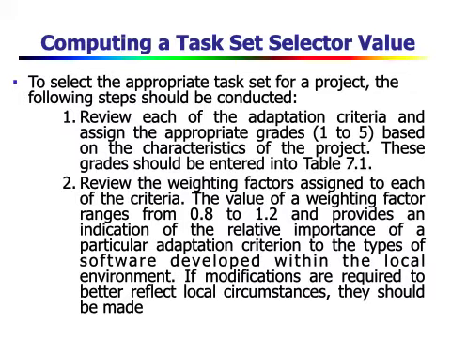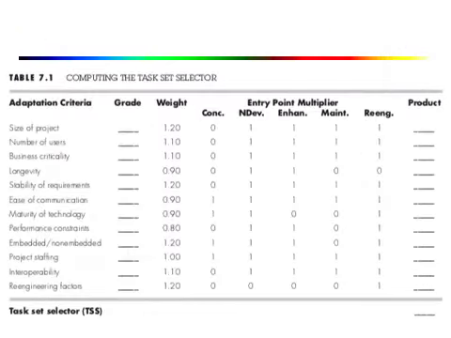And these grades should be entered into table 7.1. This is the table 7.1. So in this table we have the adaptation criteria as the first column, then grade second column, third column is weight, then you have entry point multipliers, that is 1 to 5 entry point multipliers, and finally a product column.